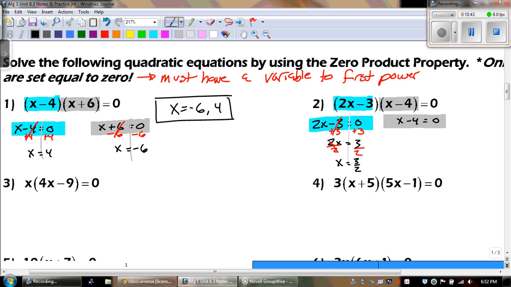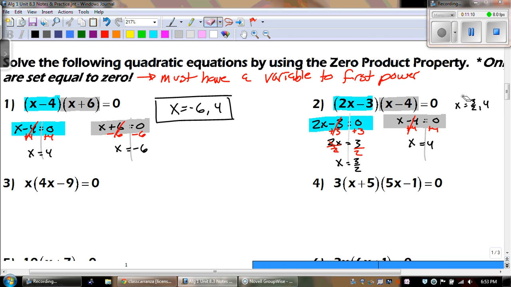Now, in the gray, that should be a little bit easier for you guys. What do you have to do first? Well, you add 4 to both sides. And we get x equals 4. So in numerical order, my two answers are x equals 3 over 2 and 4.